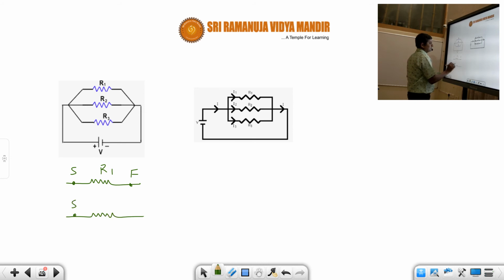Suppose you take this as the starting point and this as the finishing point, and let us say this is R2, and suppose you have one more resistor, R3, with this as its starting point and this as its finishing point.